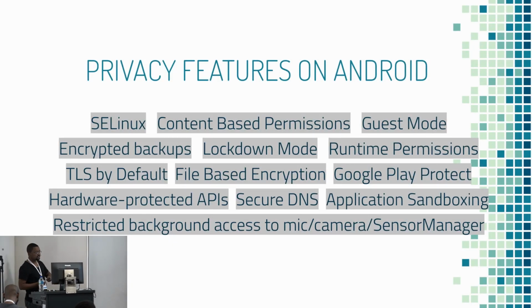Over the years, these are the privacy features that Android has introduced. And obviously, as you can see, it's grown to become a huge platform. These are features up until Android 9.